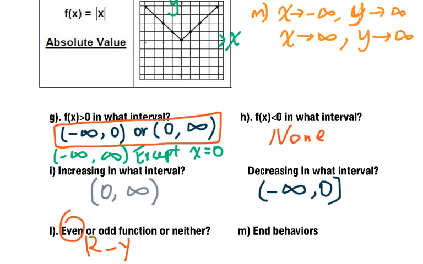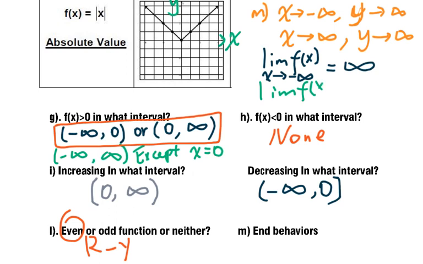And the limit format will be like this. The limit of f(x) as x approaches negative infinity equals positive infinity. The limit of f(x) as x goes to positive infinity equals positive infinity.